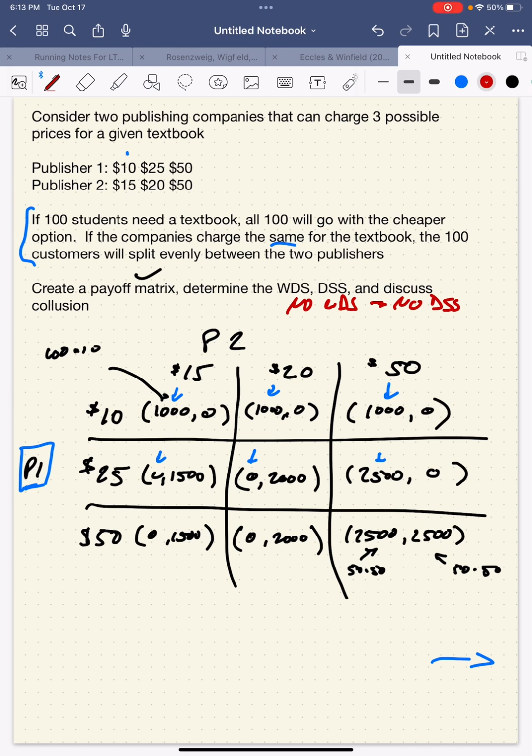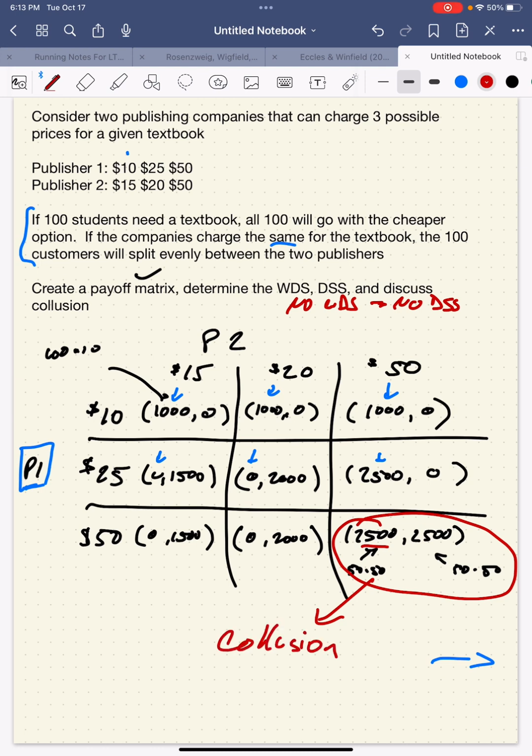Now, one thing you'll notice in this case is that if both publishers charge $50, even though they are splitting the customers, they're both making more than they would at any other point in this diagram. So this is the collusion situation.